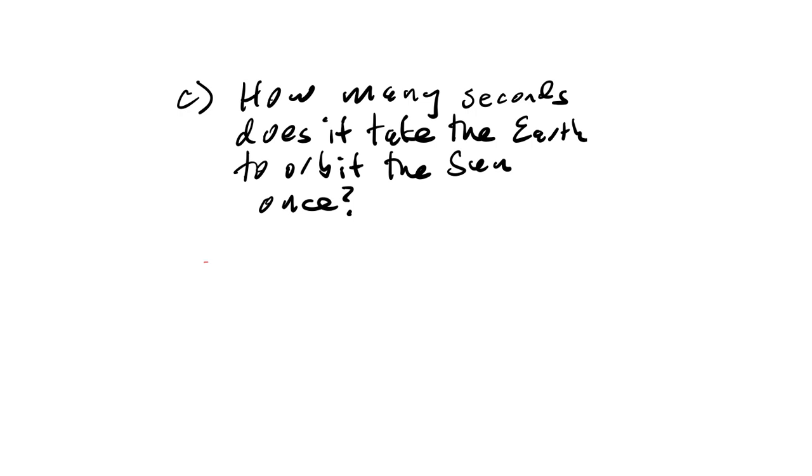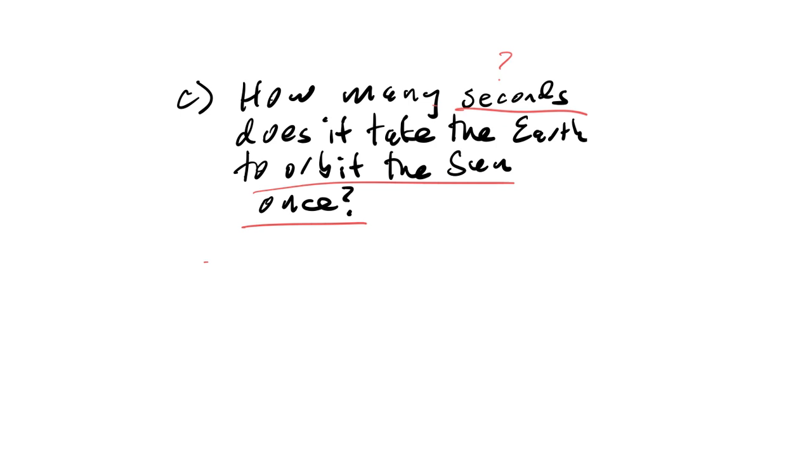Okay, so here's the time dimensional analysis problem. My unknown is how many seconds. This is worded kind of confusingly: how long does it take the Earth to orbit the sun once?